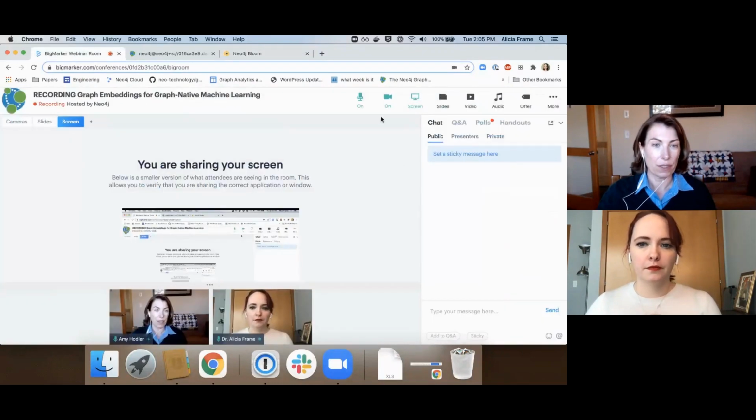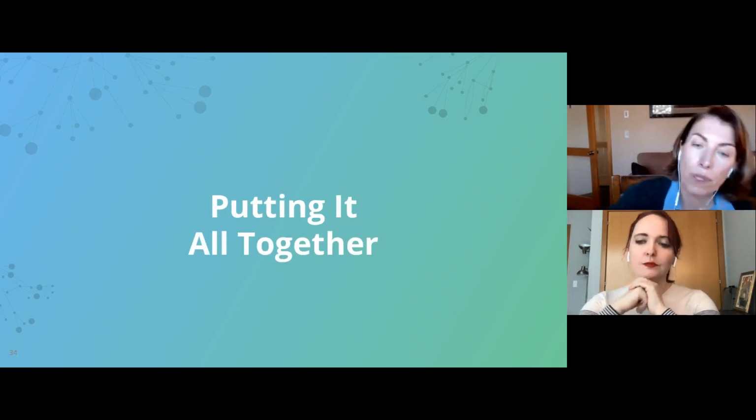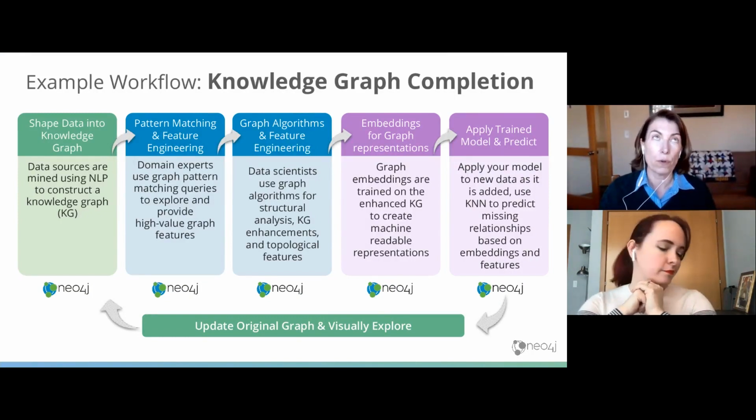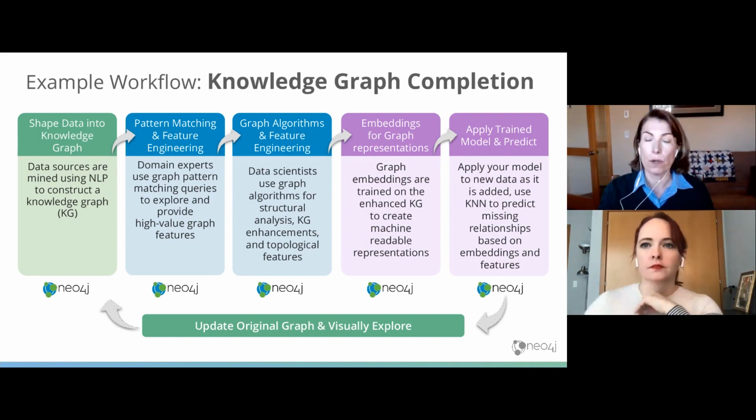Thank you, Alicia. I'll go ahead and take over slides. All right, so let's put together what you just saw. The example Alicia walked you through is one example, and it follows this example workflow of knowledge graph completion in this case, but you can walk through the different steps.